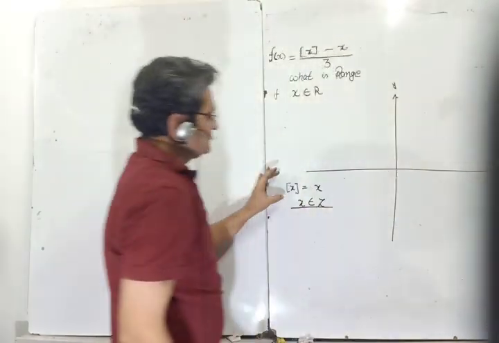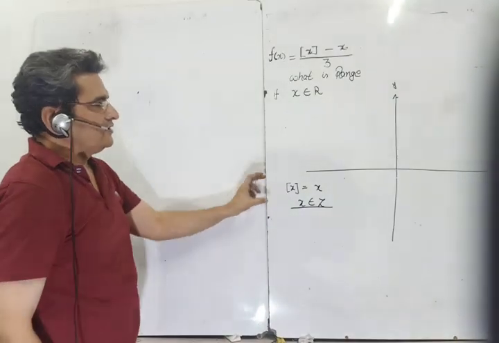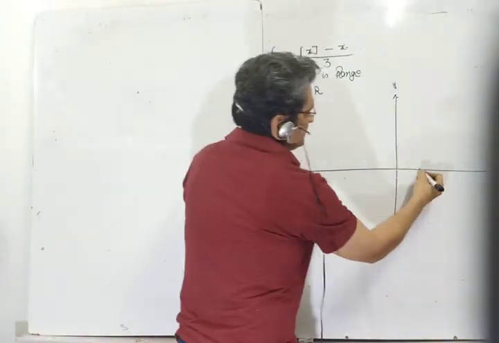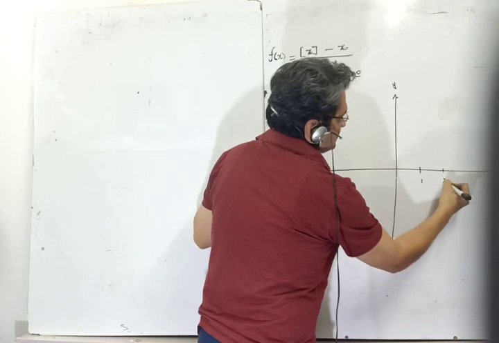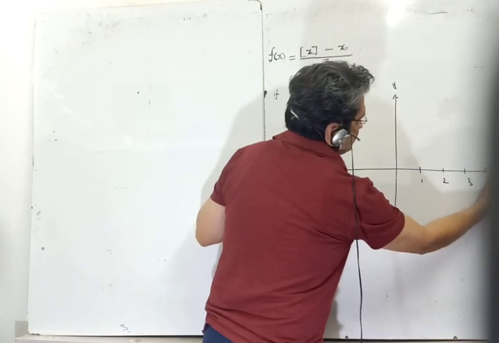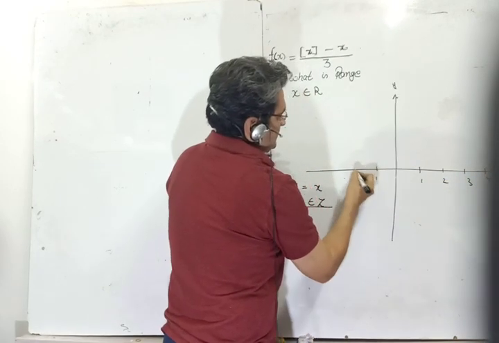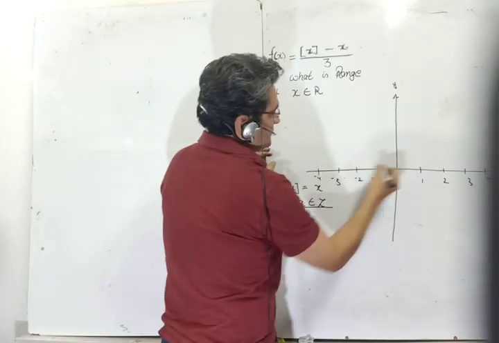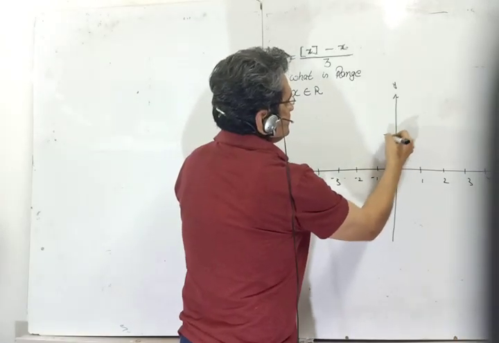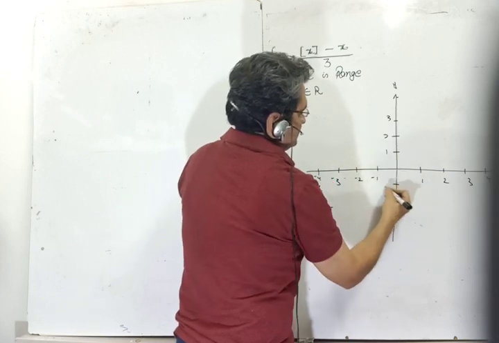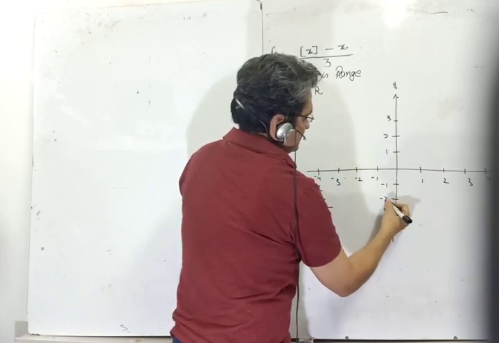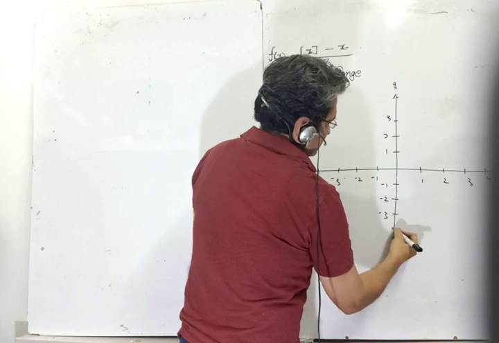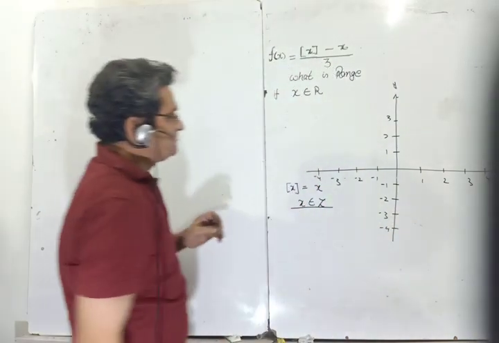Let me first try to see what the plot of [x] is. Let me put numbers here: 1, 2, 3, 4, minus 1, minus 2, minus 3, minus 4. Integers you should put immediately because this question is basically about integers.